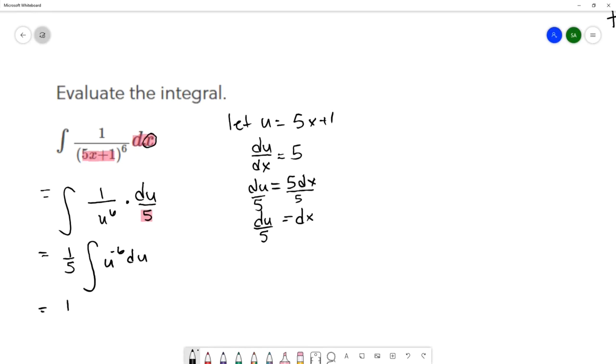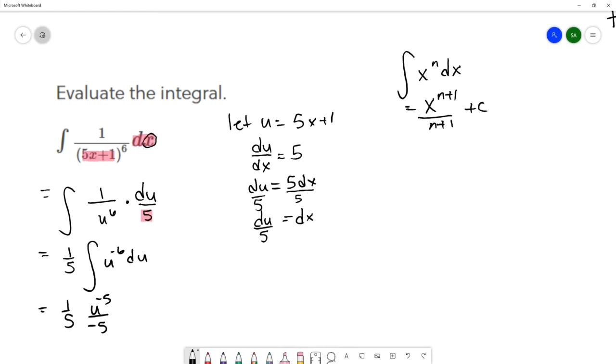So I have 1/5 times u to the -5th over -5. So that power rule for integrals is if you have the integral of x to a power dx, then you add 1 to that power and then divide by that power plus c.